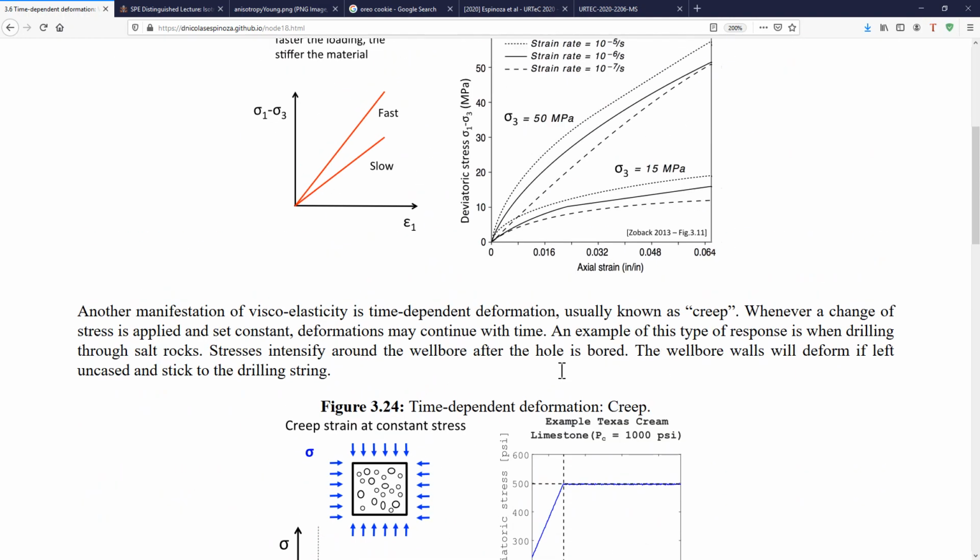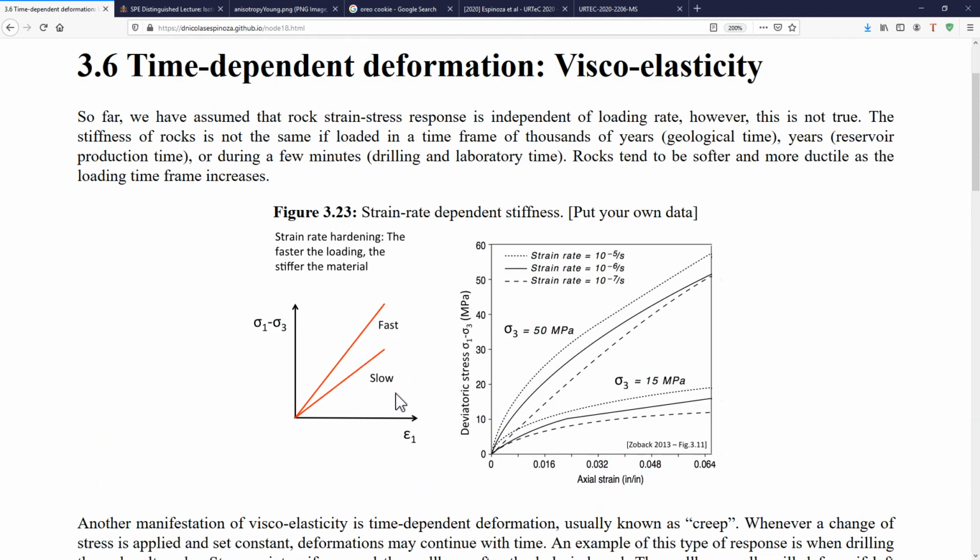And the last example is this example of fast and slow loading. It's another manifestation of the same phenomenon, in which if you were to load a rock slowly, you're going to accommodate all this internal failure slowly through time, so that the rock is not going to react so quickly to that, and the effective Young modulus that you're going to measure is going to be smaller than the one that you will measure if you load the rock very fast.